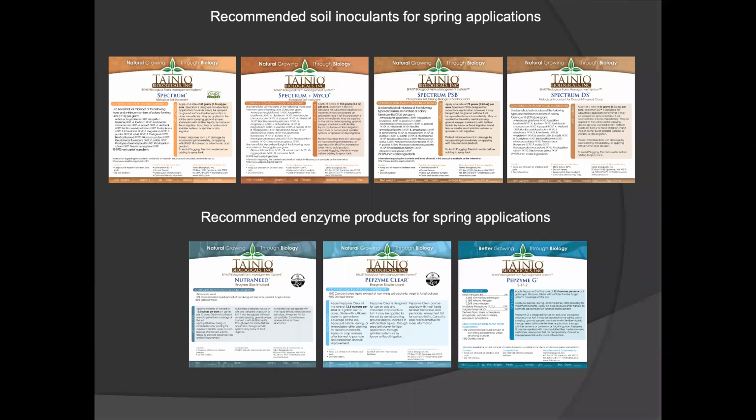Same thing when we look at phos availability. If we have high phosphorus but water extractable, we're not seeing phosphorus available within that plant, or the plant's not getting it based off a tissue analysis, leaf extract, or plant sap analysis, then a lot of times we look at going, well, we might need some of those phosphate solubilizers, or maybe just the regular Spectrum product, which is designed as a good balanced inoculum for those soil environments.